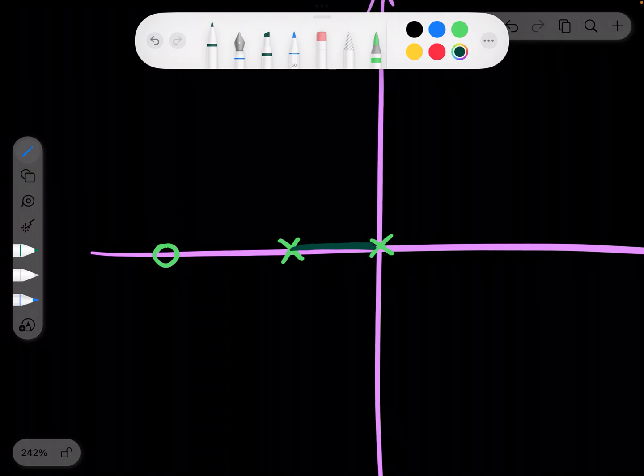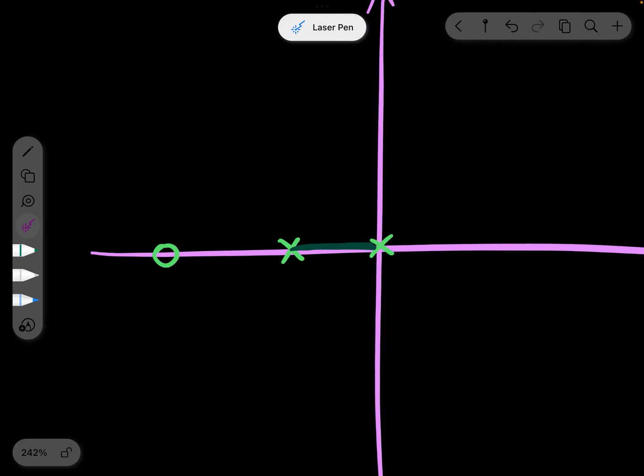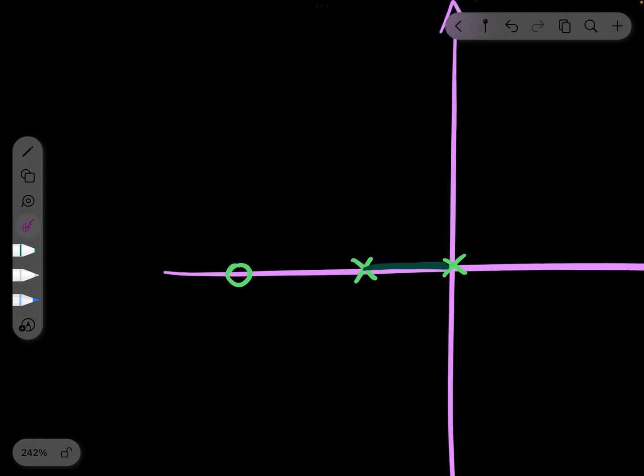So you take in between these ones, for example, if the locus is to the left of an odd number of poles or zeros. In this case we only have 1 pole, which is an odd number. So our locus is to the left of an odd number of poles or zeros, which means you can have a locus in between these 2 points.